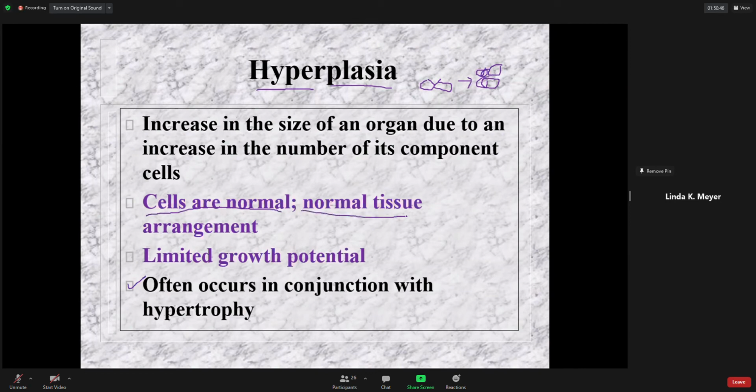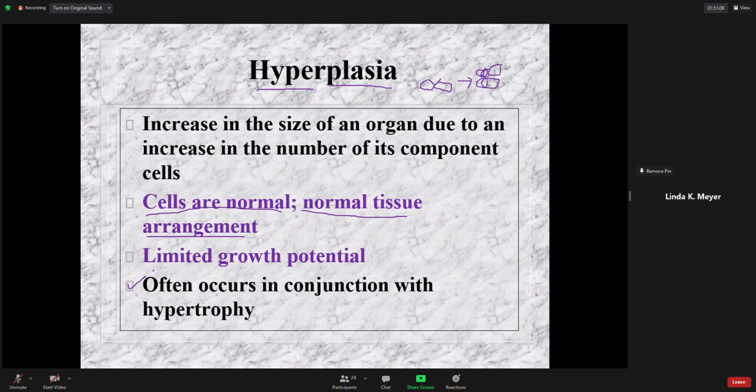There's a normal tissue arrangement, and even though the size gets larger, overall there's a limitation to that growth potential. If we take away the stimulus causing it, it's going to stop growing.